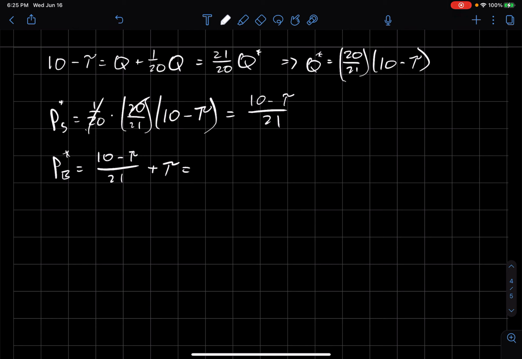And we can simplify this to 10 minus tau plus 21 tau over 21. And that gives us 10 plus 20 tau over 21. Oops, this is a plus.